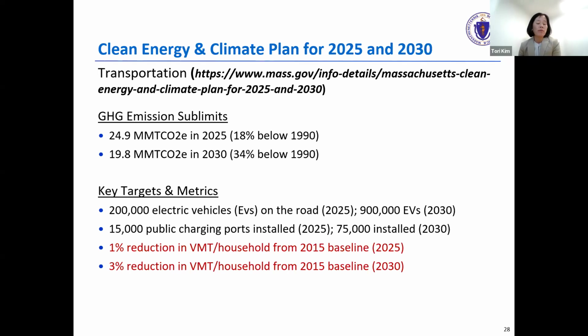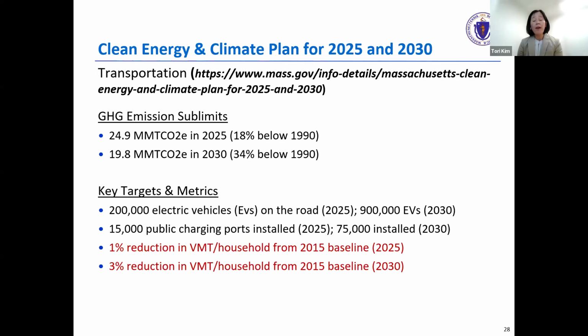And those we would continue to request that those be considered. There is also a percent reduction in what's called VMT per household. That's vehicle miles traveled per household. I would call this a soft target. It's not a limit or hard metric, but it is a statistic that we are continuing to track.